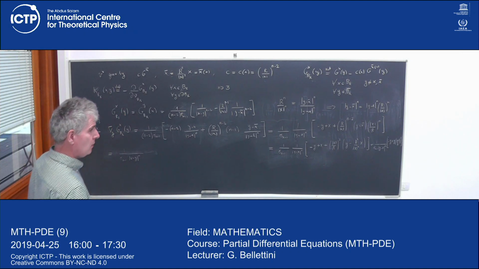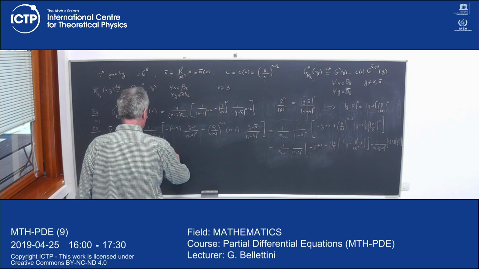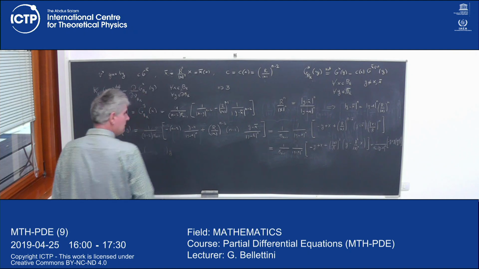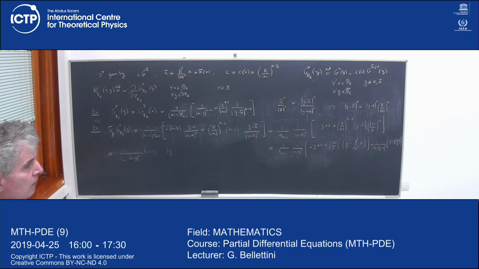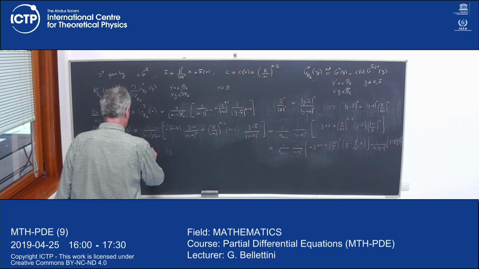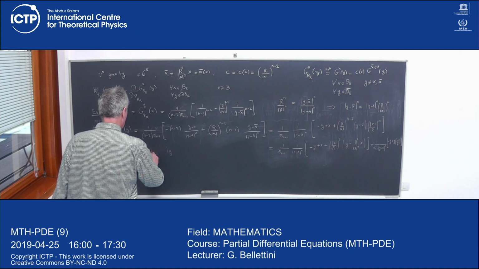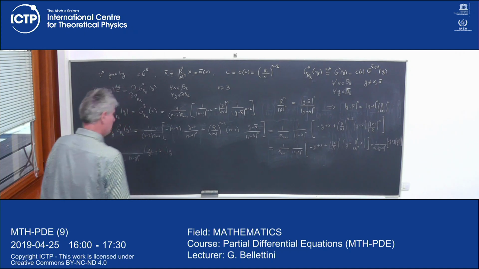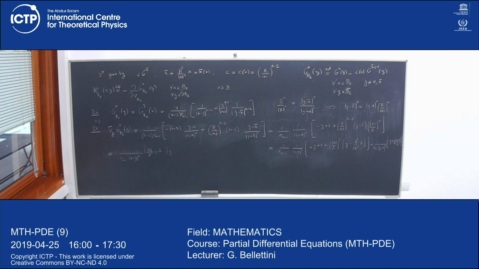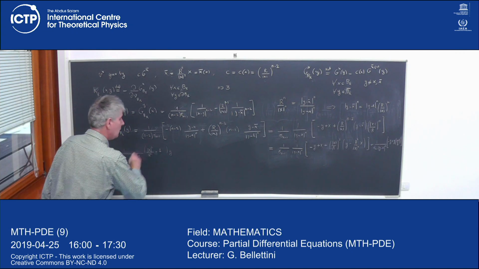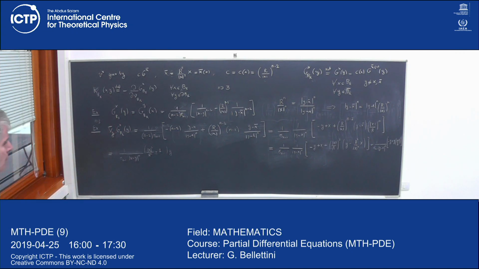Then there is a y which is a vector, so we put it outside. And then there is a number here which is x over r squared minus 1, so x squared over r squared minus 1.